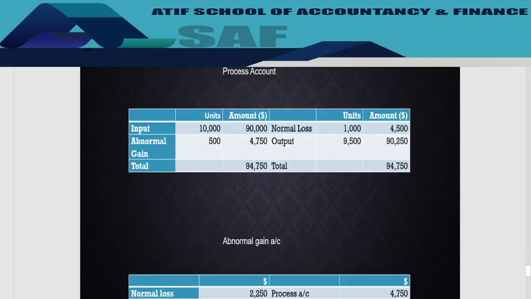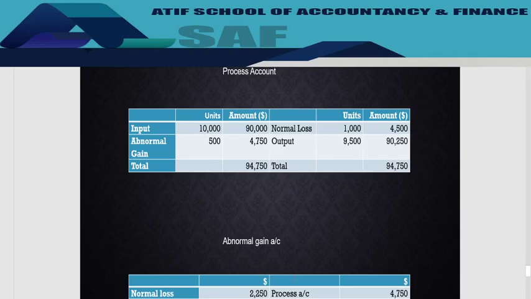In the process account, input and also the abnormal gain units would be recorded on the debit side, while the normal loss with the scrap value of 4,500, output units of 9,500 with the cost per unit of $9.5 per unit would be valued as 90,250. In abnormal gain, the amount credited to profit and loss is reduced by $2,250.